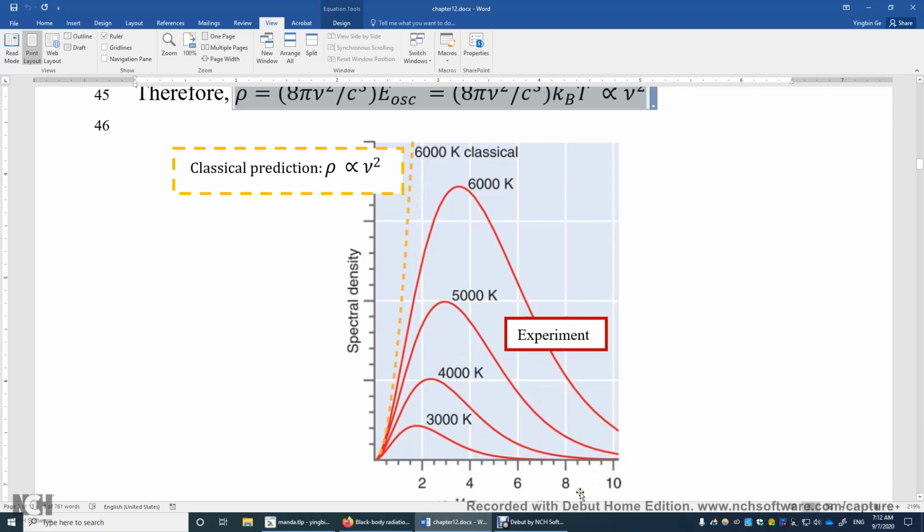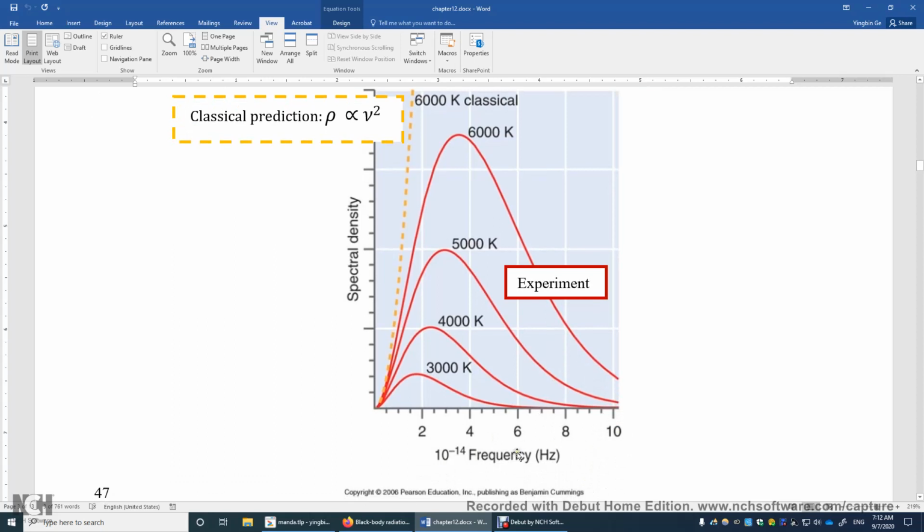And now this region is the so-called ultraviolet light region. I'm sorry, this is the frequency, and this number 8 means 8 times 10 to the power of 14 hertz. At this point, you are looking at ultraviolet light, and this is visible range, and this is infrared.